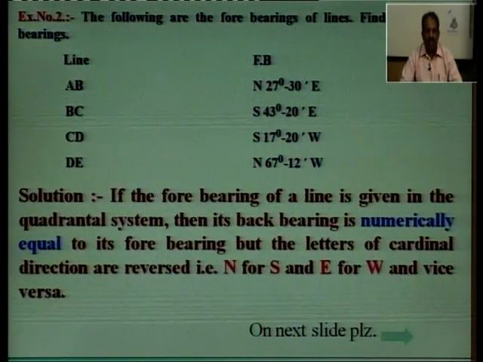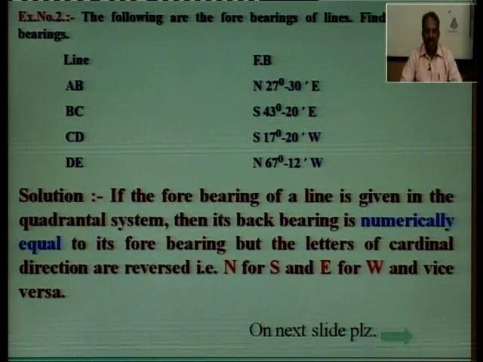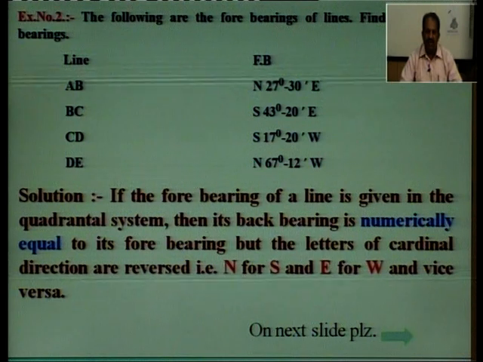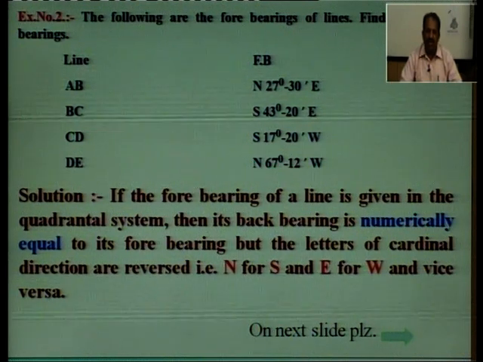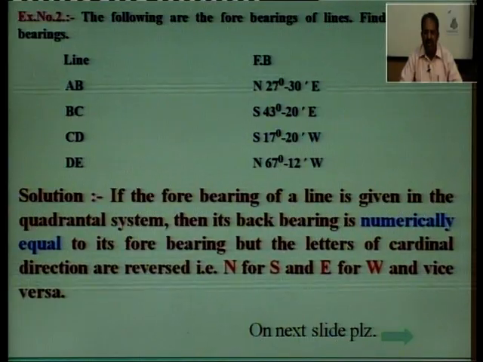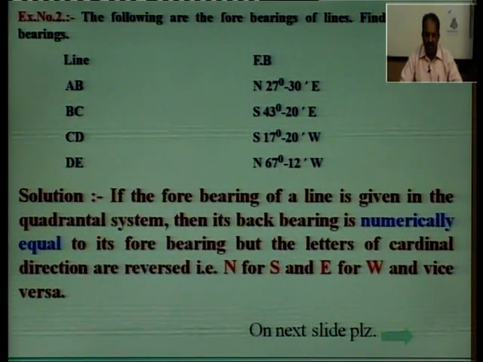Again, an example: following are the fore bearings of a line, find their back bearings. This is in the quadrant system. If the fore bearing of a line is given in the quadrant system, then the back bearing is numerically equal to its fore bearing, but the letters of the cardinal directions are reversed, that is N for S or E for W and vice versa.